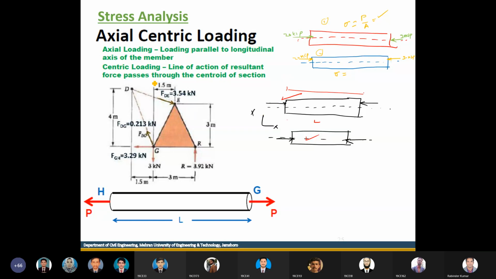Because the line of action of the resultant force is passing through the centroid of the cross section.